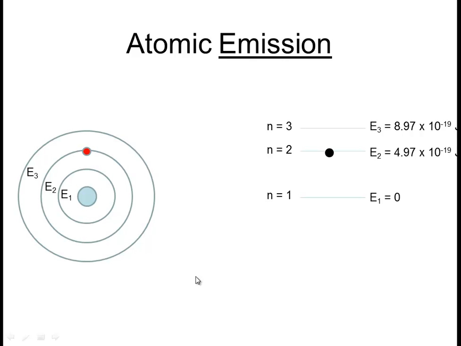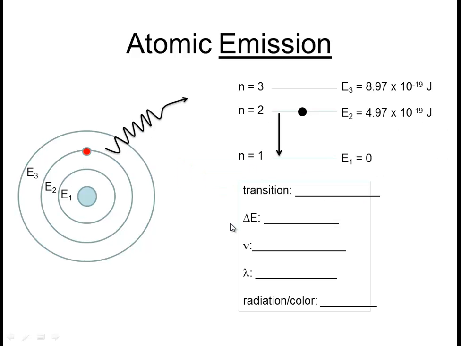It does that through what we call atomic emission. A photon is given off, and the photon is going to contain exactly the same amount of energy that it took to get it from n1 to n2 in the first place. It's just that instead of absorbing that much energy, it's getting emitted, and it's going to adhere to this same relationship.